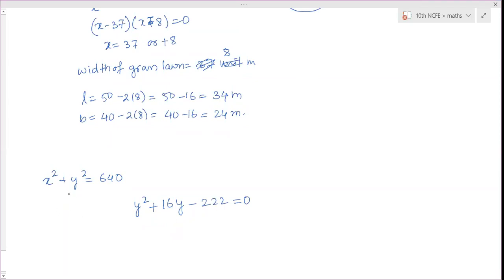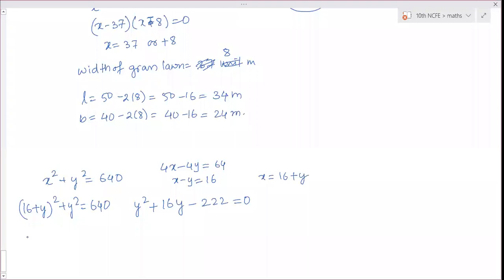Mistake you have done. Difference of their perimeters: 4x minus 4y is equal to 64. So x minus y is equal to 16. So x is equal to 16 plus y. So 16 plus y whole square plus y square is equal to 640.